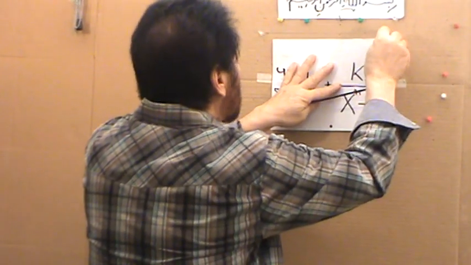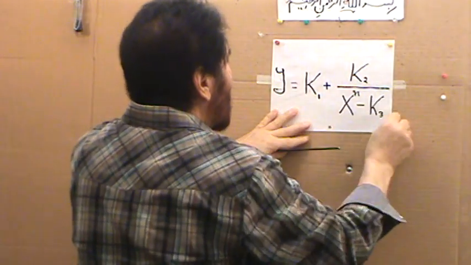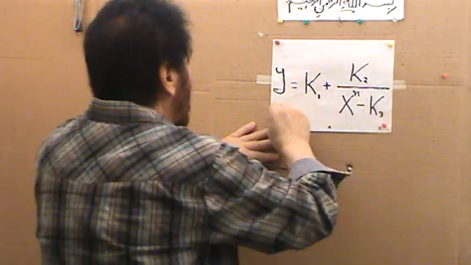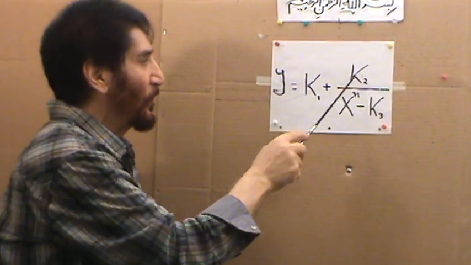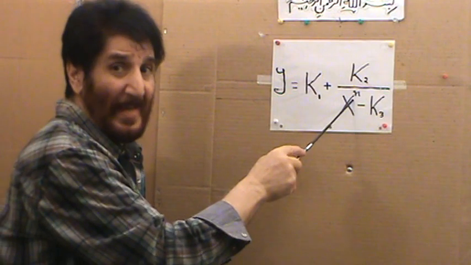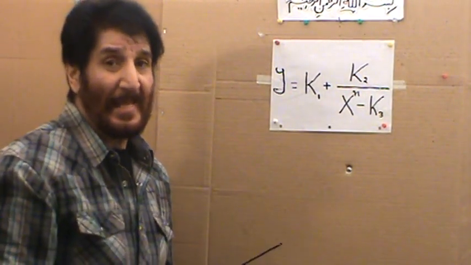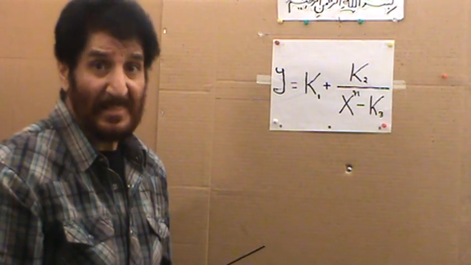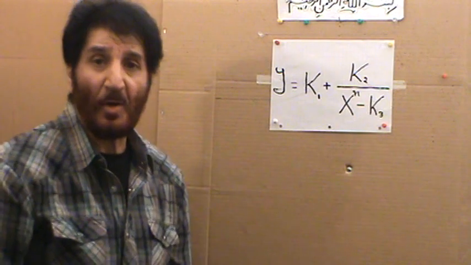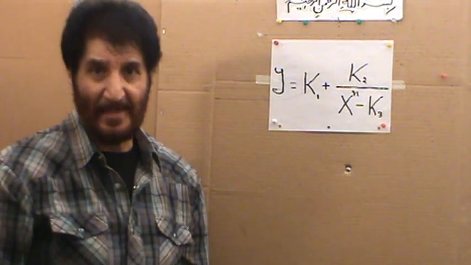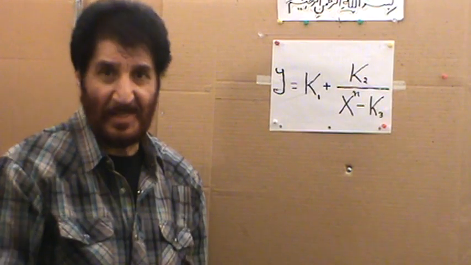Now, I'm putting a general form of that, and that is y equals k1 plus k2 over x to the power of n. We are dealing with polynomials, therefore we know that n is a non-negative integer, 0 or positive, and k1, k2, k3 are all constants. And we know what constant means. The value of them stays the same, does not change.